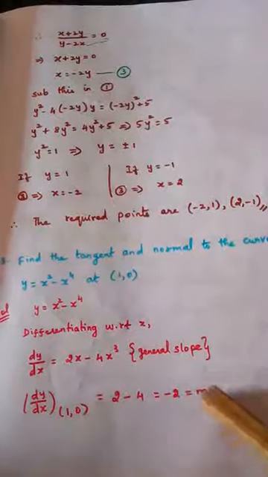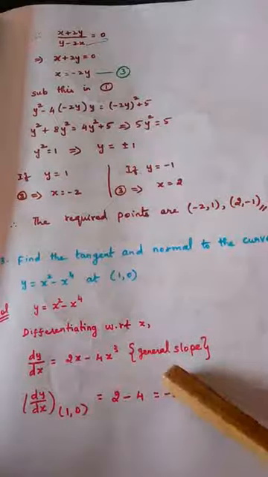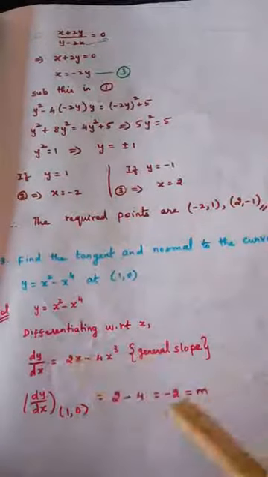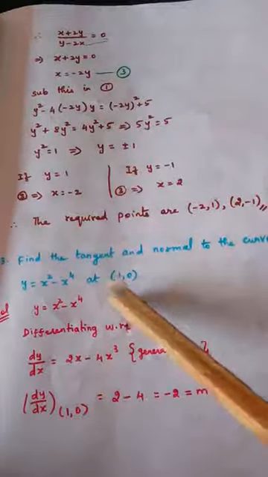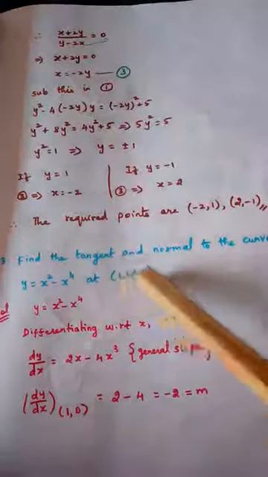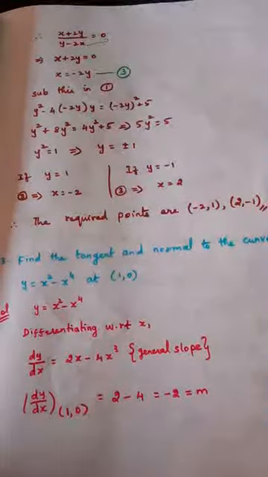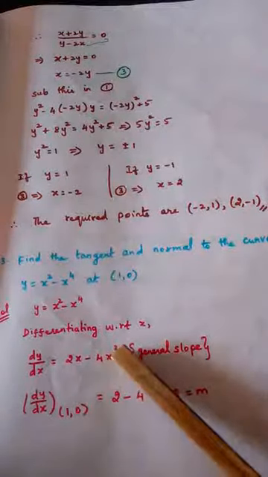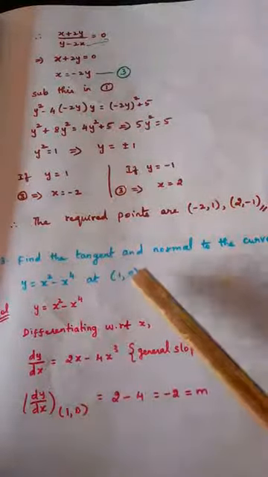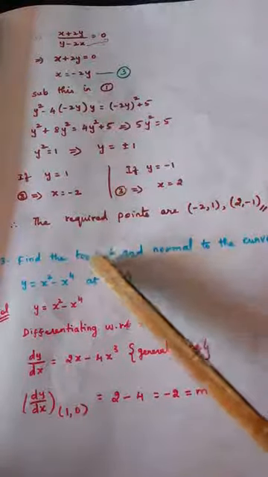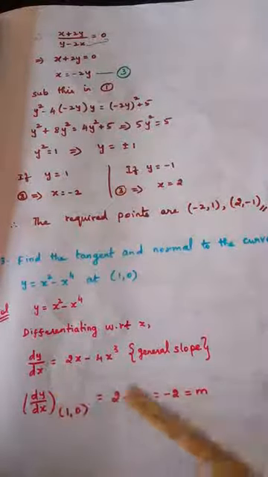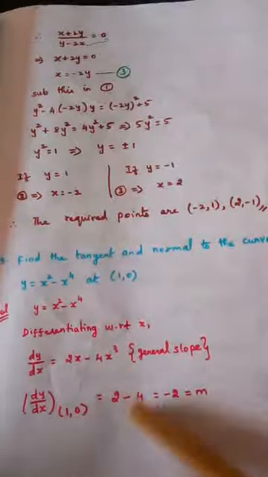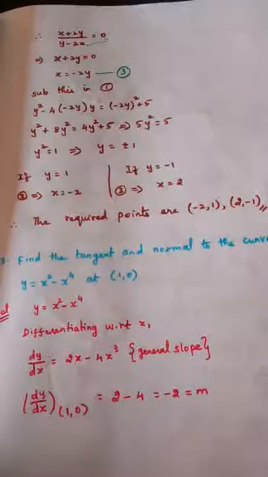This is called the general slope, and this is the slope of the tangent, because this is the slope at the point 1, 0. So again I repeat, after finding the general slope, we have to find the slope at the point where we are finding the tangent. So dy by dx at 1, 0 is minus 2, and this minus 2 is considered as m, the slope of the tangent.